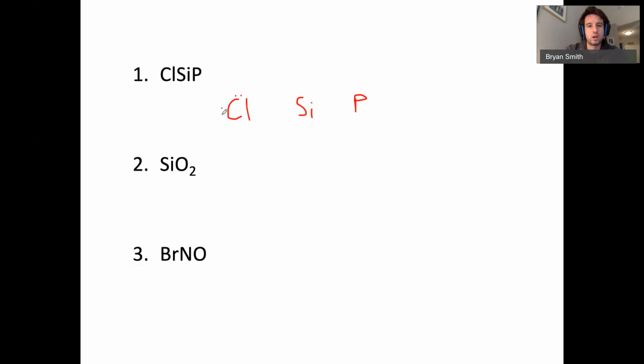Great. So right now I'm just giving chlorine its number of valence electrons. Chlorine has 7, silicon's got 4, and phosphorus has 5. Here's SiO2, silicon has 4 again, and oxygen has 6.